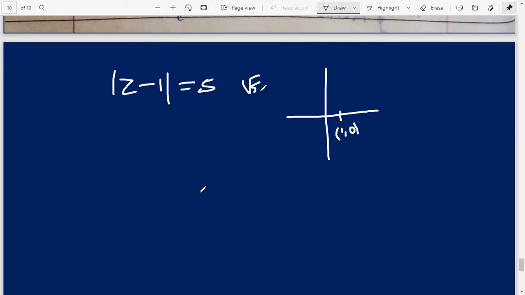The value of root 5 is 2.23, since the square of 2 is equal to 4, so it is 2 point something.